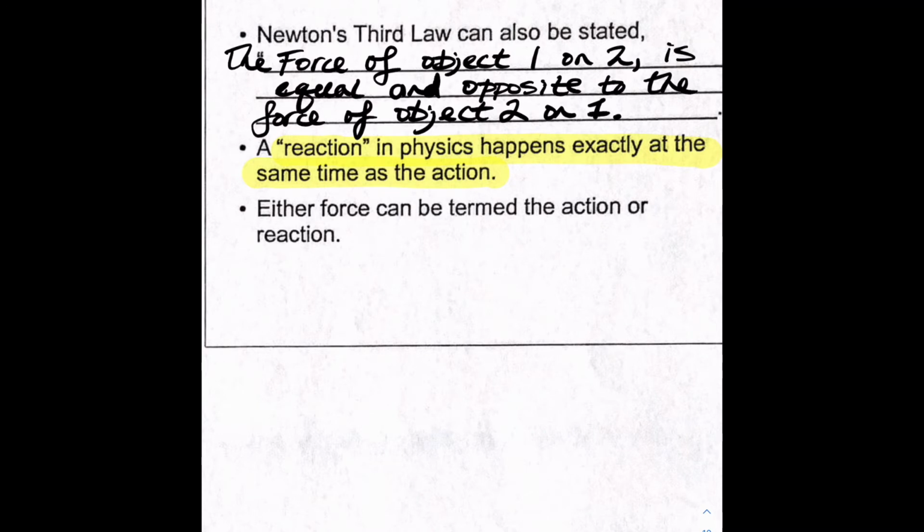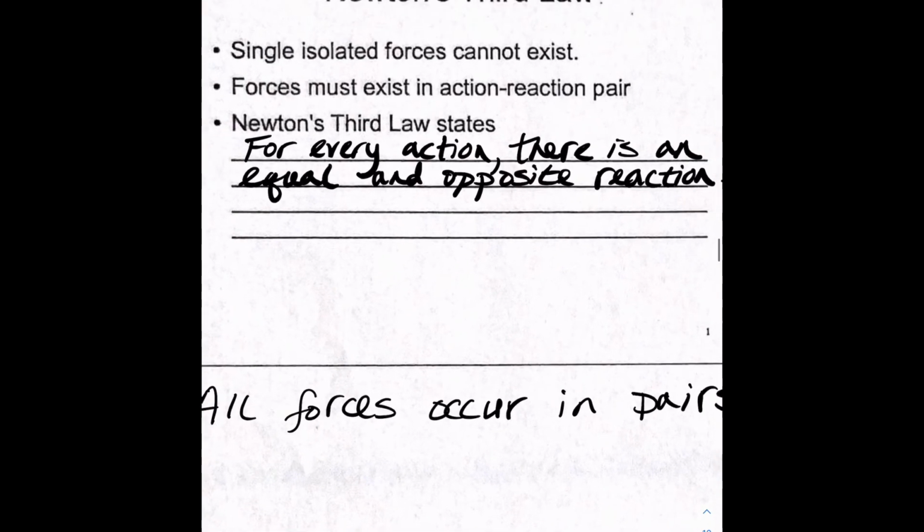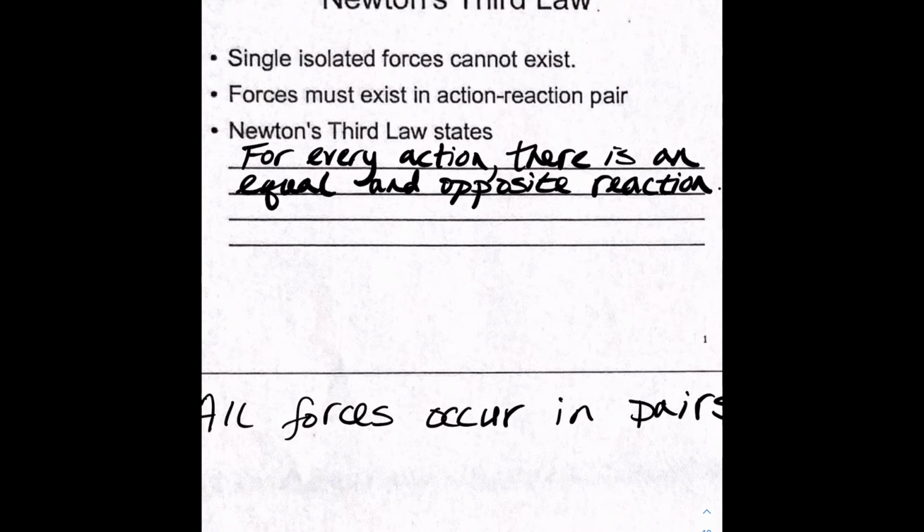And that's tricky because a lot of times when people think Newton's third law, they think something like this. For every action, there's an equal and opposite reaction, right? This first definition. Hold on a second. Let me highlight this. All right. They think something like this, and then they use an example like this.